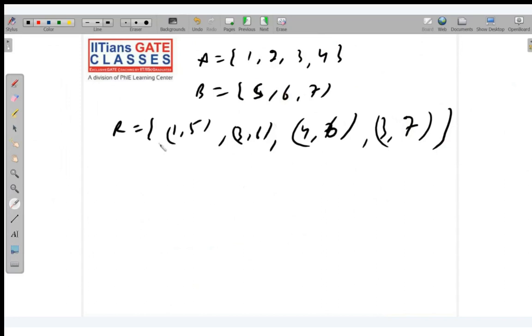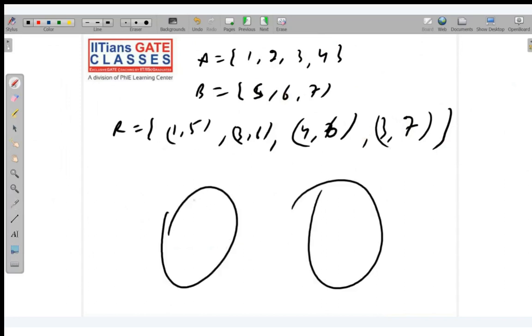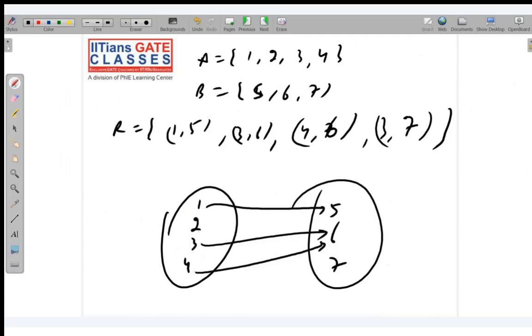Pictorially, in set format: 1, 2, 3, 4 and 5, 6, 7. 1 is related to 5, 3 is related to 6, 4 is related to 6, 3 is related to 7. Now I think you have more clarity about what exactly relation means.